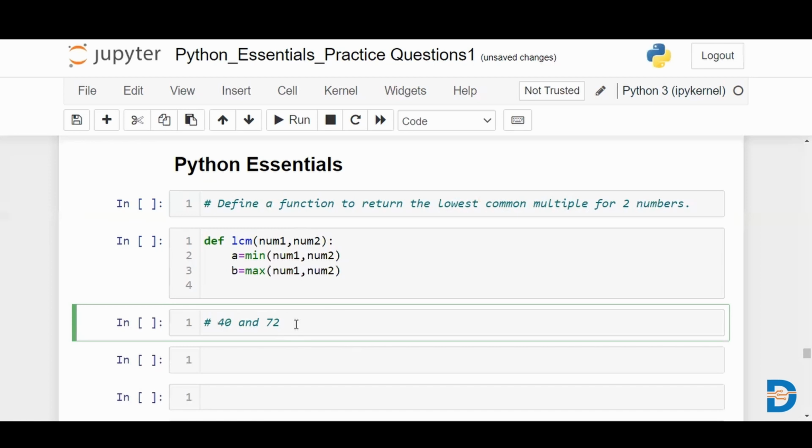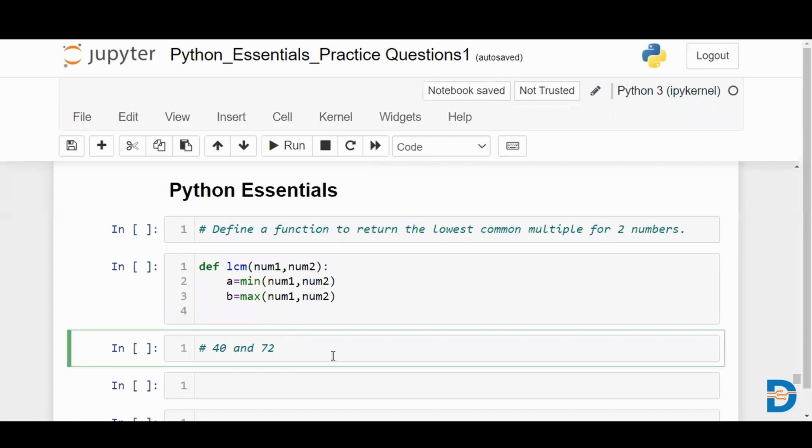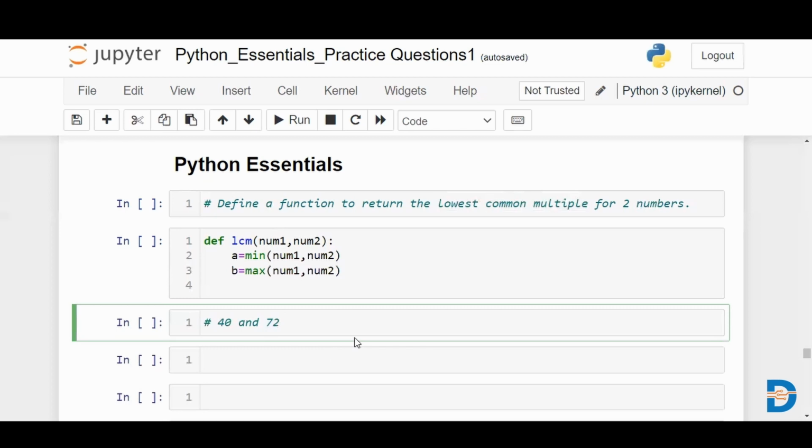But if they do have common factors, what we can do is run through the list of multiples of the larger number, because the larger number becomes the defining criteria, and you'd have a smaller list. 72 times whatever number is getting you to the lowest common multiple, it would be smaller than what you would need for 40 to get to that number.